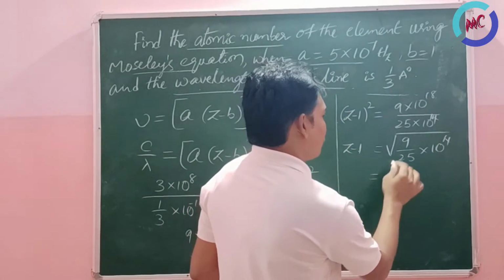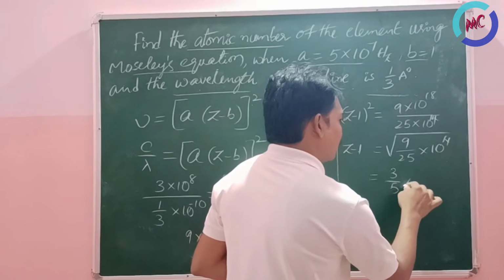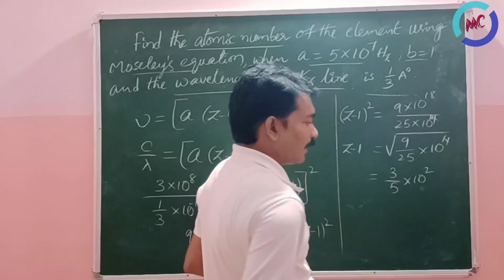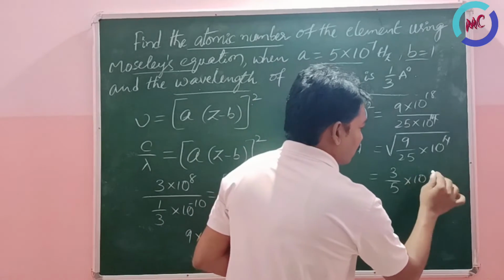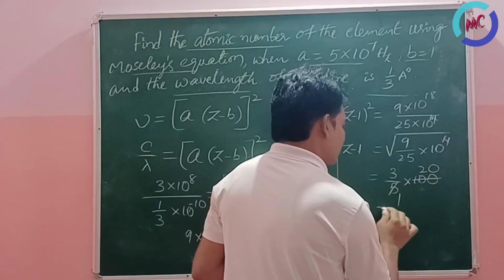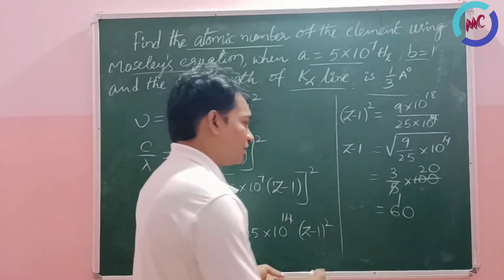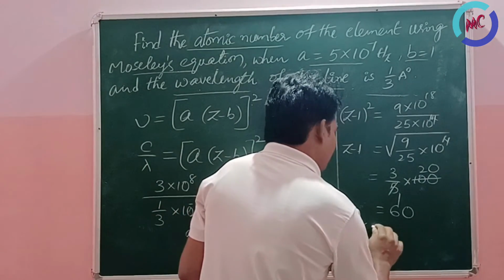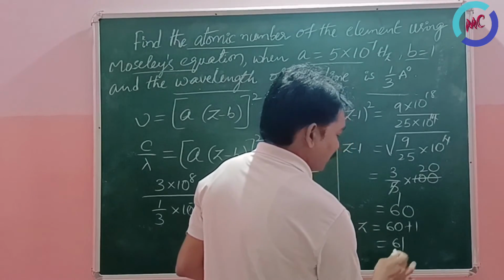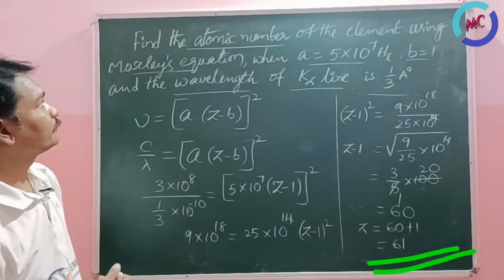That is root 9 is 3, root 25 is 5, and the root of 10 to the power of 4 is 10 square, that is 100. 5 ones are 5, 5 twenties are 100, and 3 twenties are 60. Z minus 1 is equal to 60. Therefore, Z is equal to 60 plus 1, that is 61. Then the atomic number is 61.